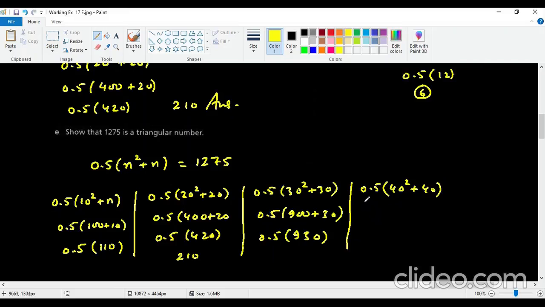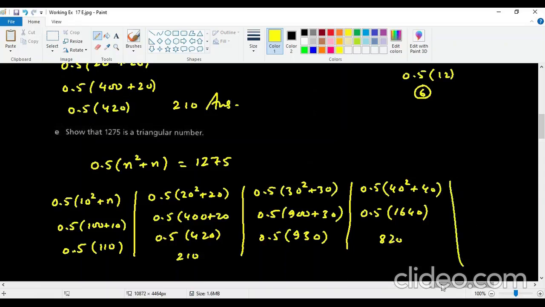Is this giving you 1275? Let's see. 40 squared is 1600. 1600 plus 40, and half of 1640 is not 1275. It's going to be 820, which is not the right answer.